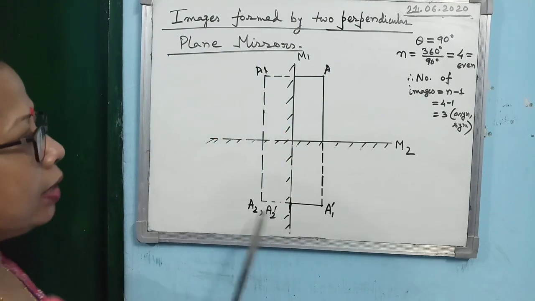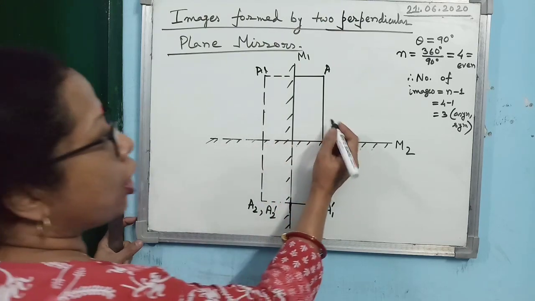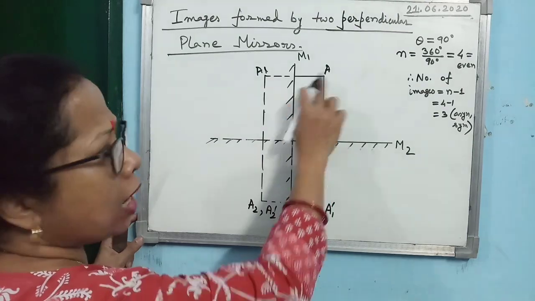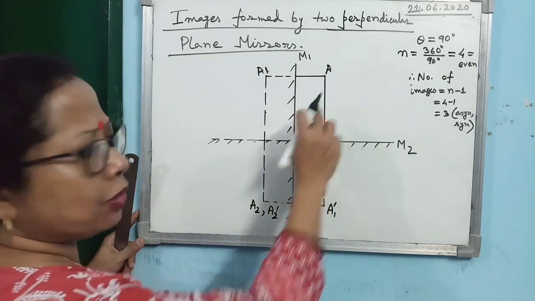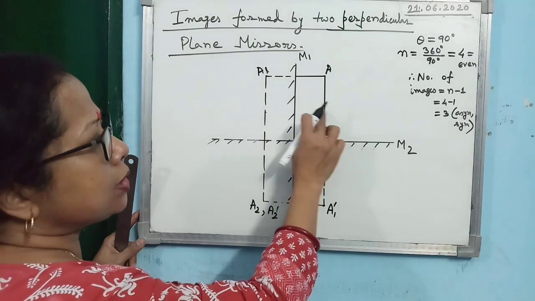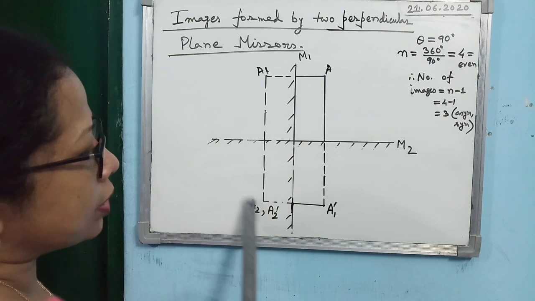So this is the way. Actually you have drawn one rectangle. Here I have not taken the object symmetrically; I have taken it asymmetrically. If you take the object symmetrically, at equal distance, then you will see it will come as a square. So this is the diagram you draw first.